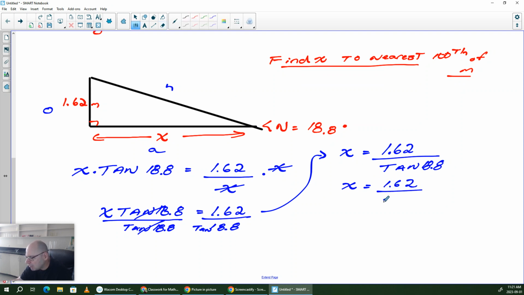Okay, and then that's enough of going down into decimals. And we can go 1.62 divided by 0.3404 equals 4.759, and we said to the nearest hundredth, so this would be 4.76 meters.